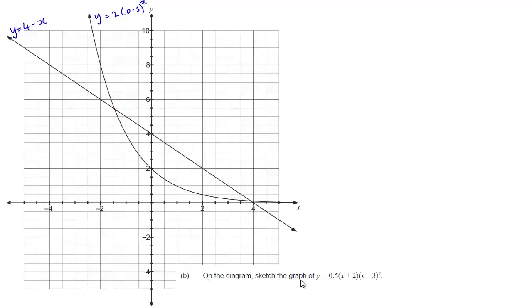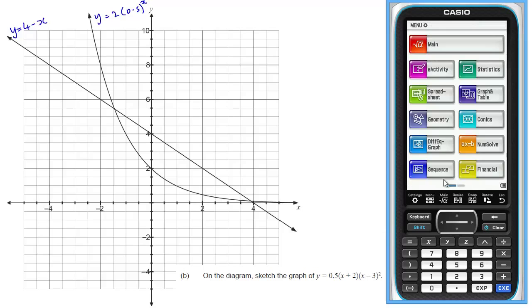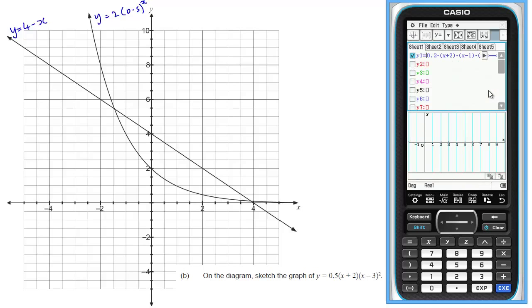On the diagram, sketch the graph of y is 0.5, x plus 2, x minus 3 squared. Now it's a cubic, and there's all sorts of things we can discern about it from the equation. But let's not forget that this is a calculator paper. So let's go to Graph and Table, and let's input the function.